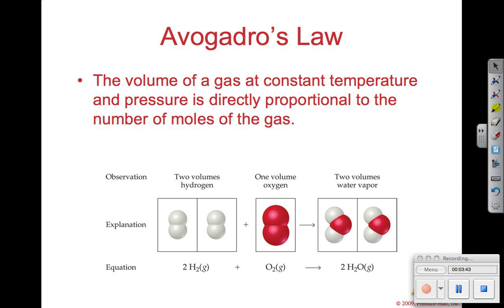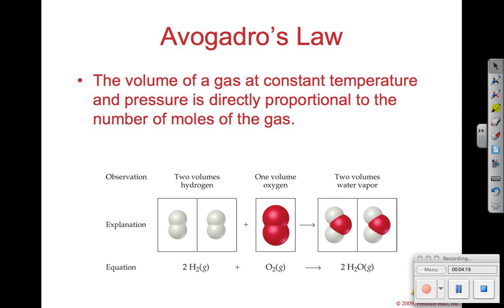The third relationship is related to what's called Avogadro's law, and this is the idea that the volume of a gas at constant temperature and pressure is directly proportional to the number of moles of the gas. And this is eventually where, if we have any gas at STP, standard temperature and pressure, if we have 1 mole of it, it will have a volume of 22.4 liters.